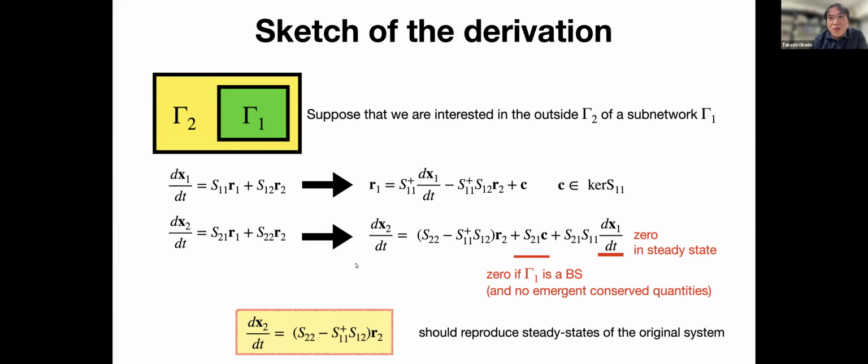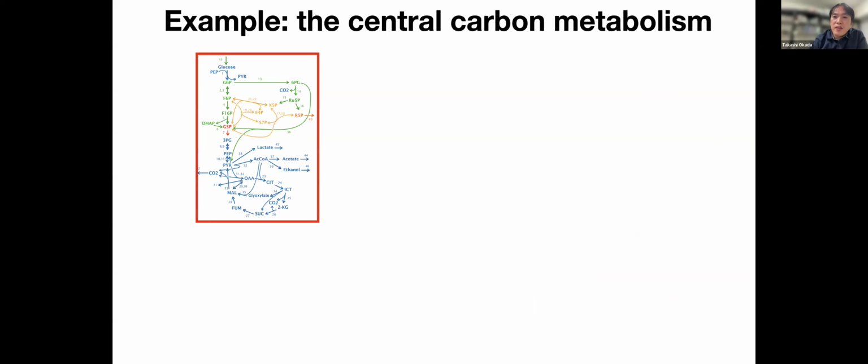Sorry, maybe I made a mistake. Yeah, sorry, I need to multiply by S21 here. So the quantity inside the bracket should be S22 minus S21 times S11 dagger S12. And this equation should reproduce the steady state of the original system.